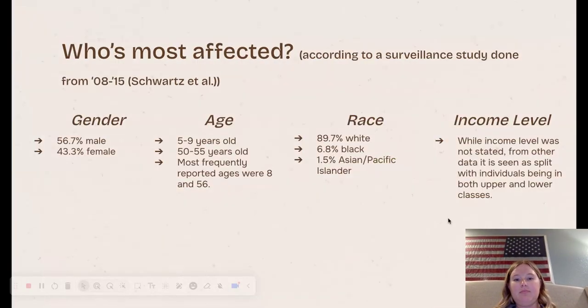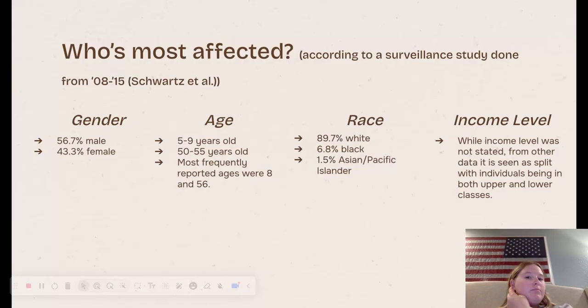So, in a survey examining different demographics from the years 2008 to 2015, gender, age, and race were examined. Rates were higher among males than females, and this is due to the fact that outdoor activities are favored by the male population more than the female population.